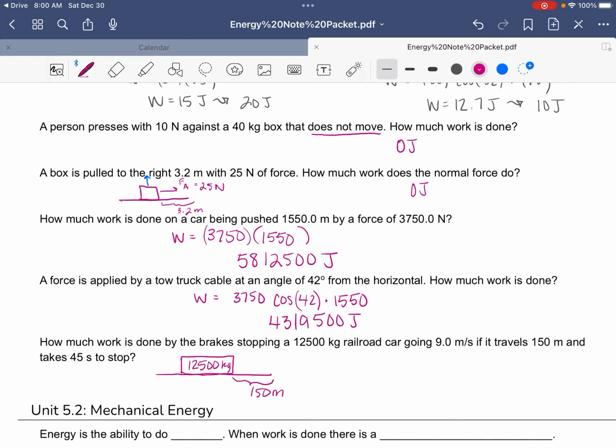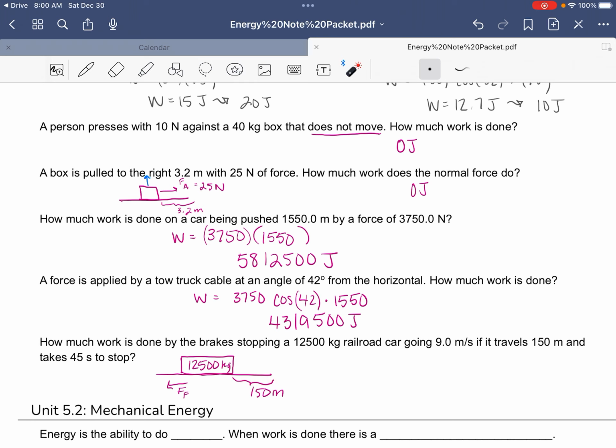Okay, and it takes 45 seconds to stop. Okay, so we know that the force that is allowing the brakes to stop the car is our force of friction. Okay, notice that our force of friction is in the opposite direction of what our displacement for the car stopping is going to be.